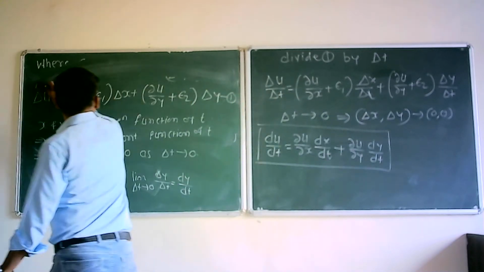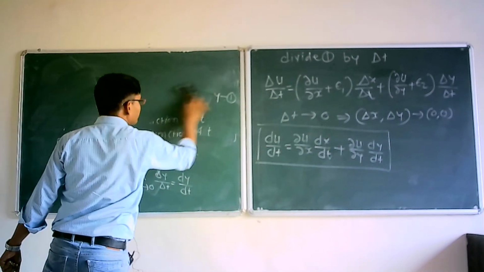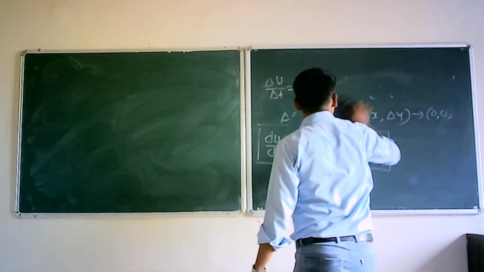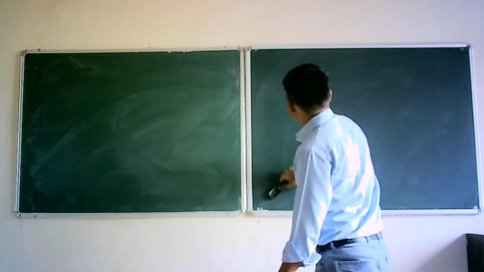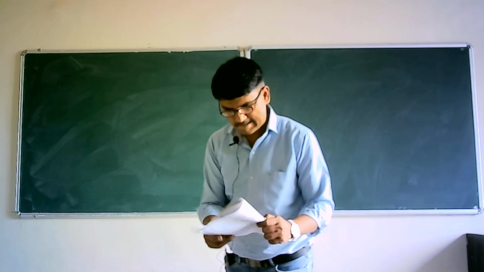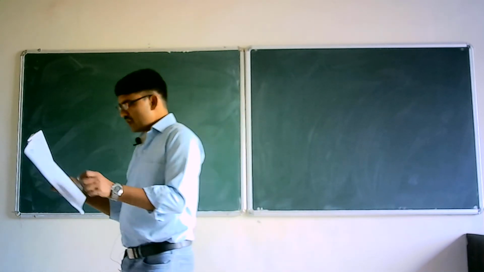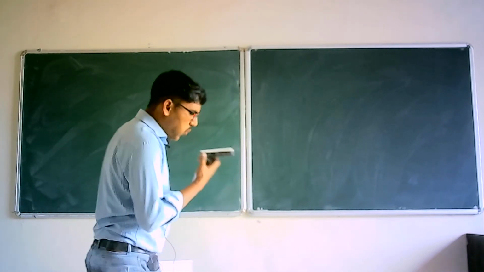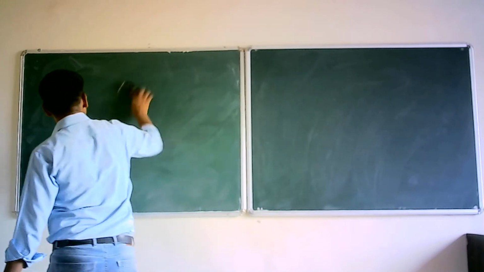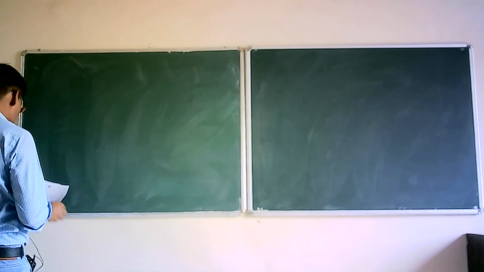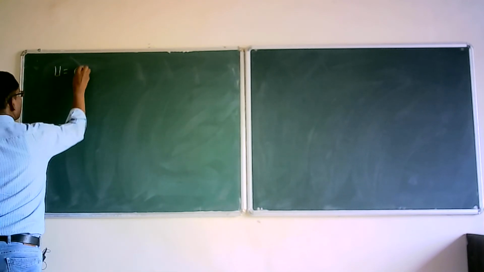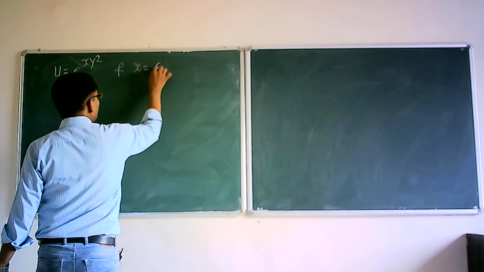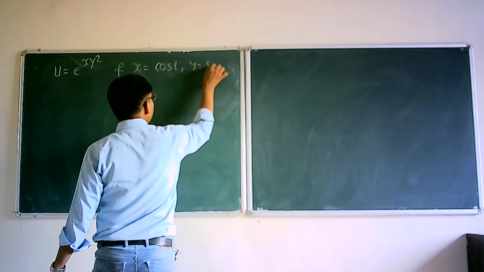For example, u is equal to e raised to x y squared, and x is equal to cos t, y is equal to sin t.